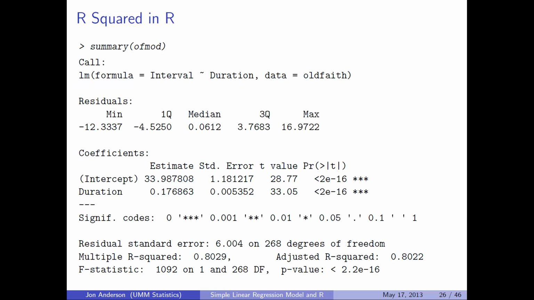So in terms of our Old Faithful geyser, you'll look down in the bottom of this model output, created from the summary command, and you'll see that we have an R squared of 0.8029. This will be the value of R squared that we use. You will notice that right above it is our estimate sigma hat that comes from the residual sum of squares divided by the degrees of freedom, all square root. And so sigma hat would be about 6 in this case.